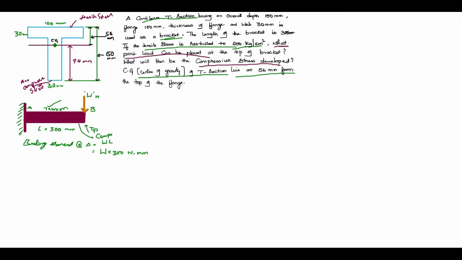So now, in order to find out the maximum point load that it can take, you need to find out the maximum moment of resistance, which is equals to M. In order to find that, we need to use the bending equation. Therefore, first let us take the bending equation.